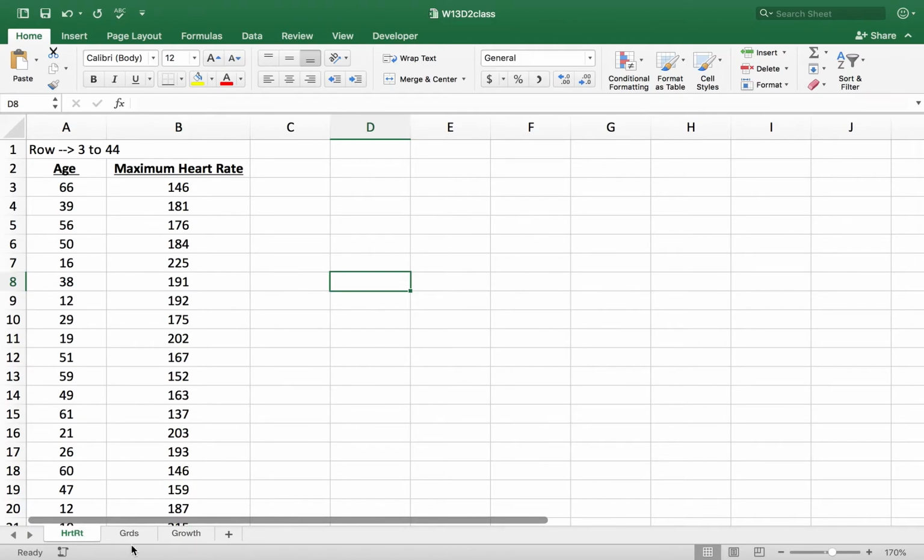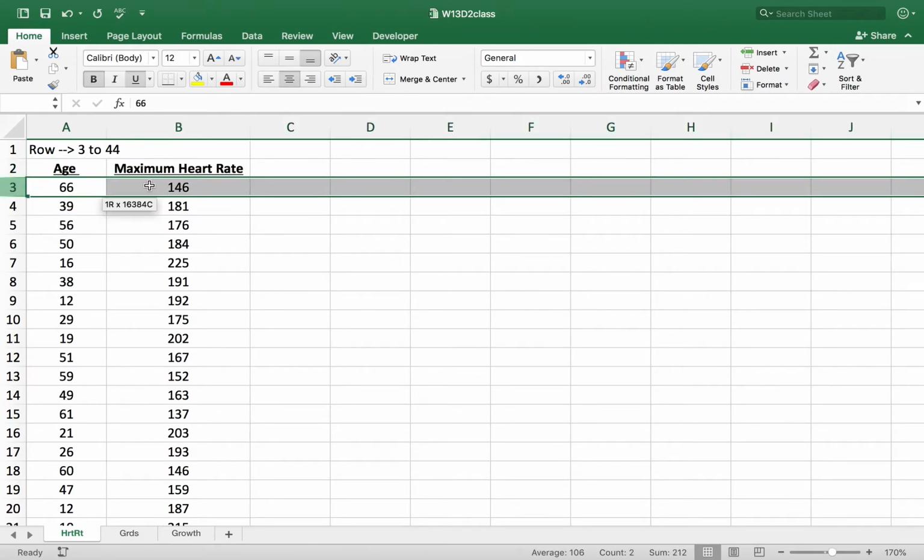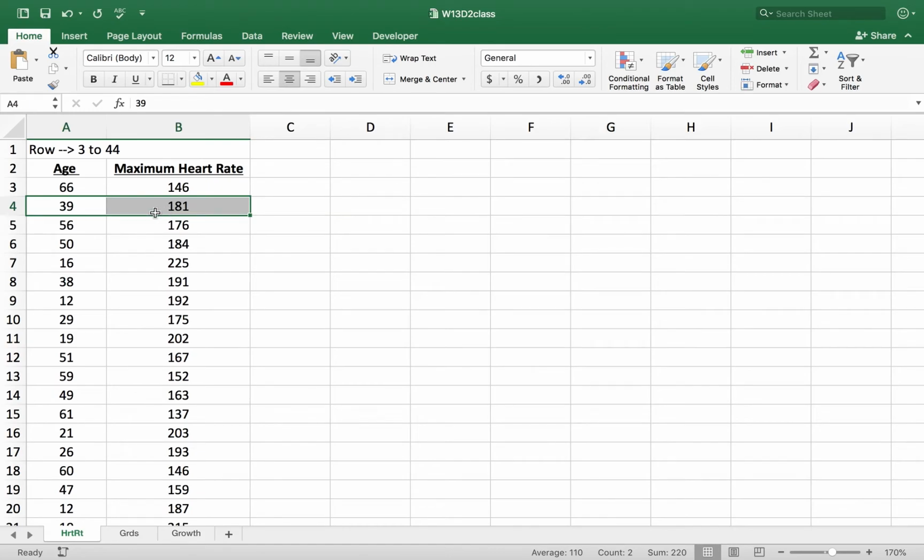The worksheet's called HRT-RT, shortcut for heart rate. And what we're looking at is two variables. One is the age of the person, and the other is their maximum heart rate. And we can see that essentially each row would correspond to a person on which we've measured their age and their maximum heart rate through, maybe a treadmill test or something along those lines.